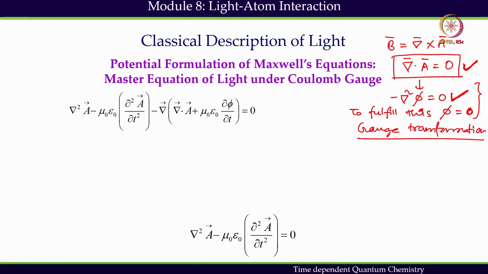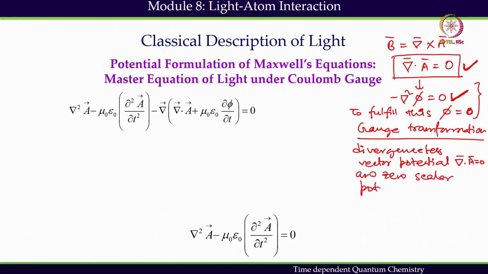This kind of mathematical derivation can in fact support the fact that the divergence-less vector potential, which is represented mathematically as this, and zero scalar potential uniquely defines the Coulomb gauge.